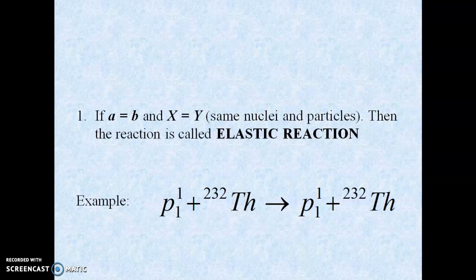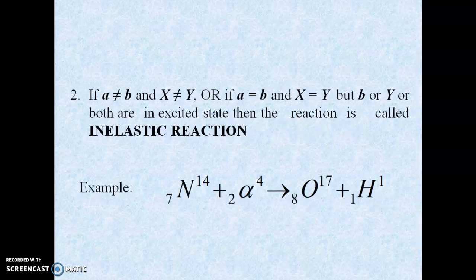There is a second class of reaction. If A is not equal to B and X is not equal to Y, or if A is equal to B and X is equal to Y, but B or Y or both are in an excited state, then the reaction is called an inelastic reaction.